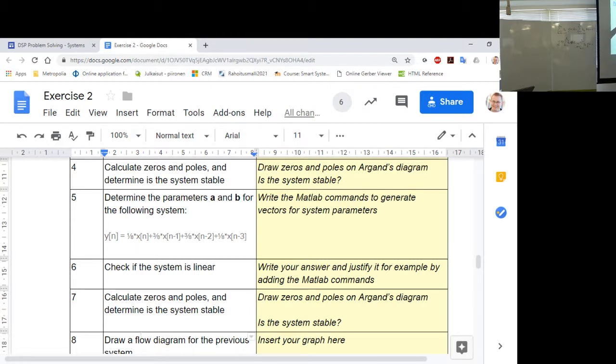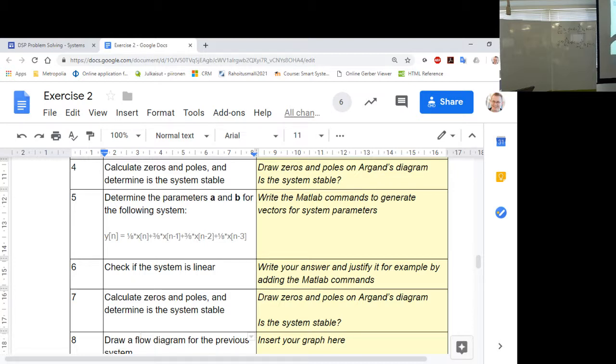So up to here, parts 2, 3, and 4 are for the system which was defined by the flow diagram. Numbers 5, 6, 7, and 8 actually are for this system. It's defined by a difference equation.